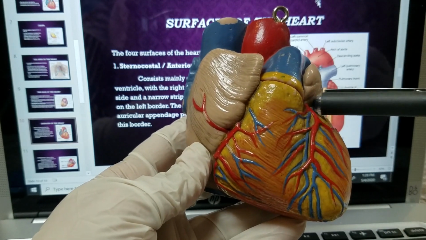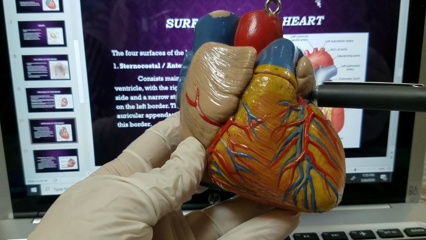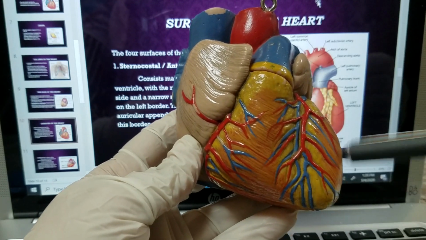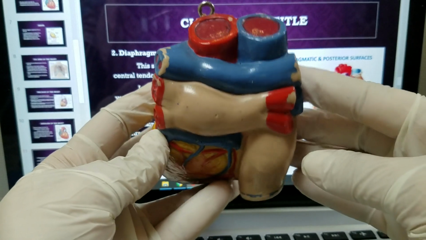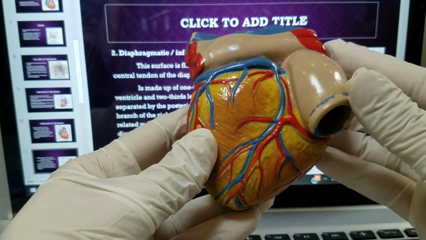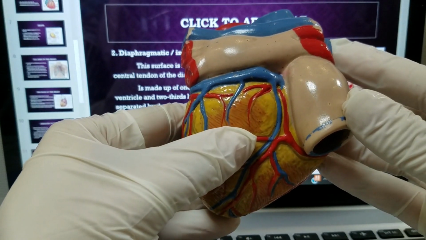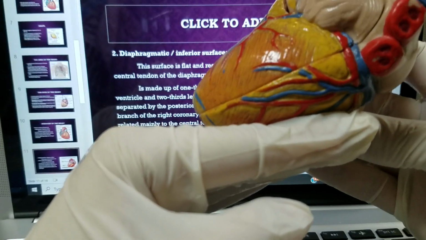A narrow slip of the left auricle is also visualized, and some of the left ventricle is also seen in this surface. If we look at the posterior aspect of the heart, this is the diaphragmatic or the inferior surface. As the name indicates, it rests on the diaphragm.